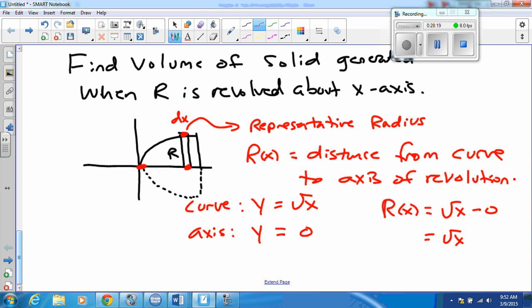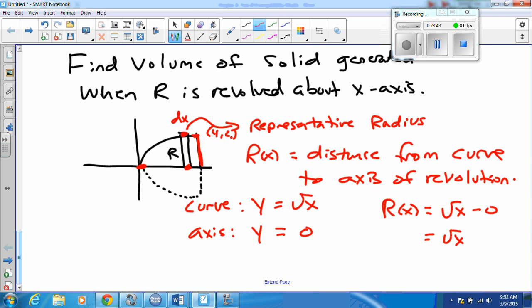And that's in fact exactly correct. If I go to here and I say how much of a radius do I get when I revolve this point about the axis, there's no radius at all. And if I go out to here to x equals 4, at the point 4, comma 2, my formula predicts that the radius at 4 should be equal to 2, and that's exactly correct.